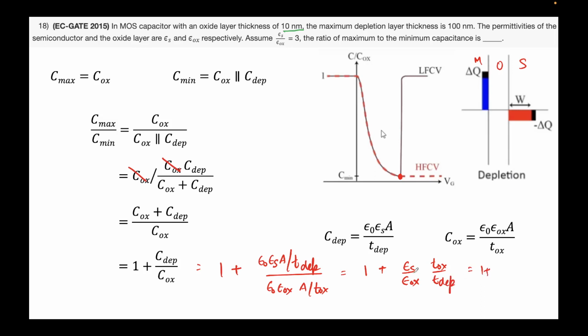Actually, we know both these numbers, so epsilon S over epsilon ox is given as 3. Tox, oxide thickness is 10, depletion layer thickness is 100, both in nanometers. So what I'll get here is, just a second, am I making a mistake somewhere?